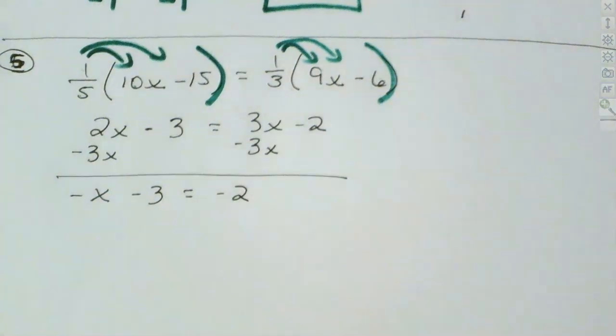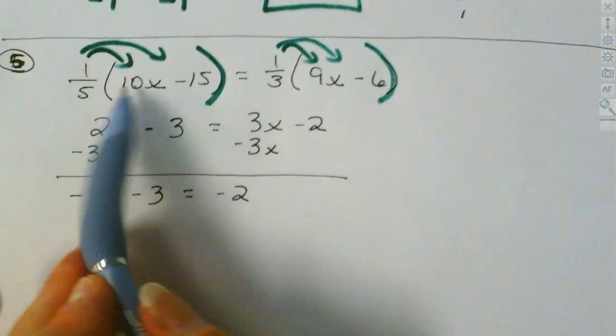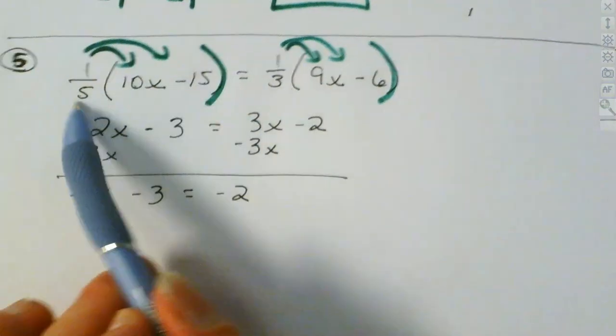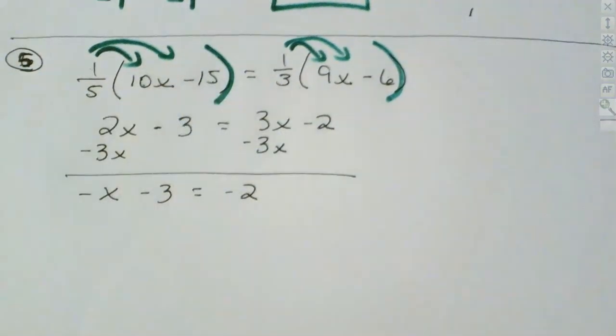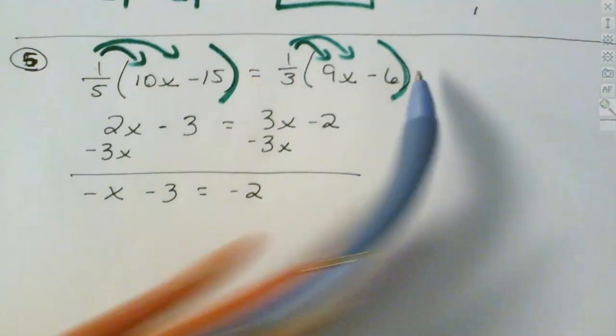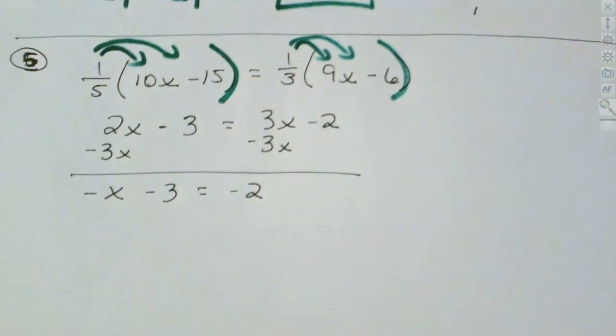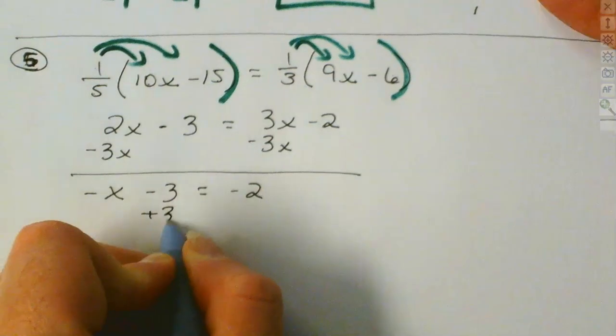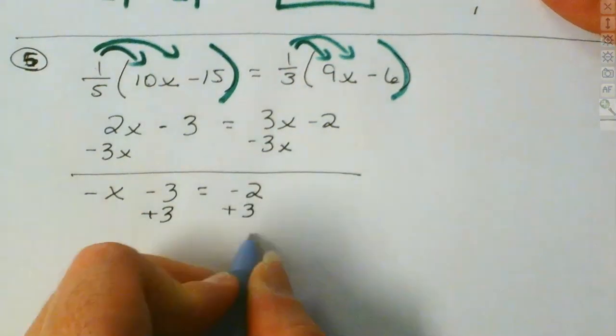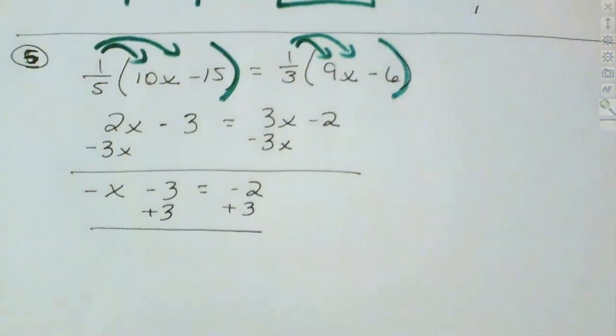Is that making sense so far? Okay. We'll look at some later on where it doesn't divide through, but these do, right? Because 10 divided by 5, 15 divided by 5, 9 divided by 3, 6 divided by 3 come out even. So what do we need to do? Finish this. We add what? Add 3.